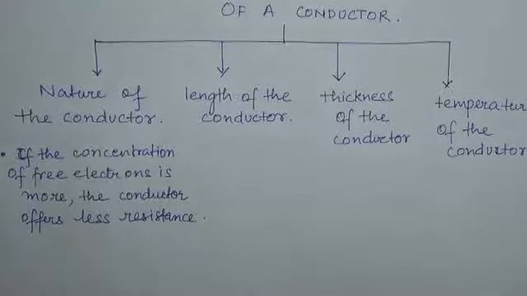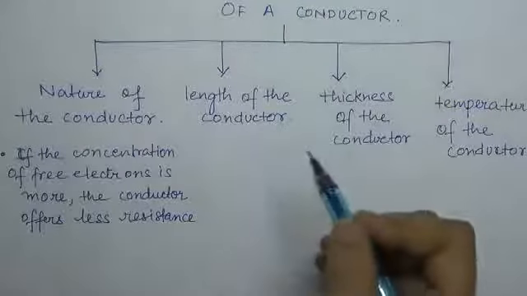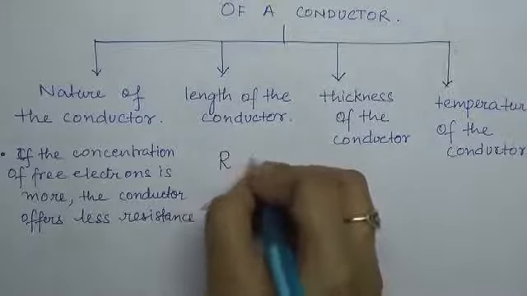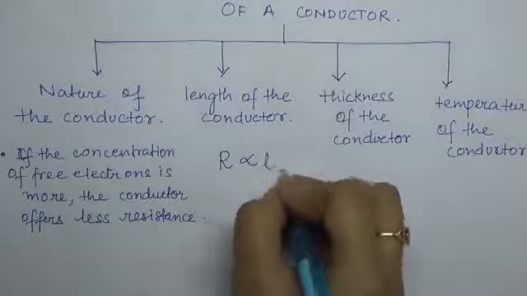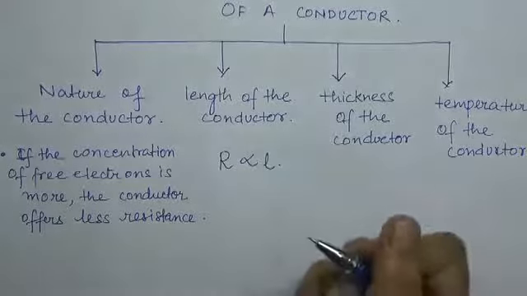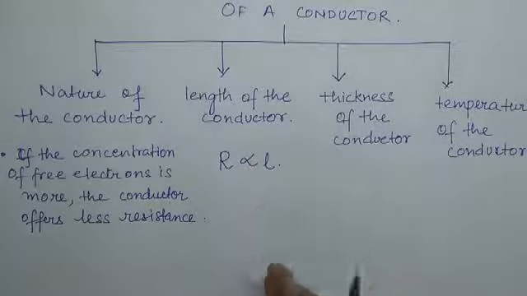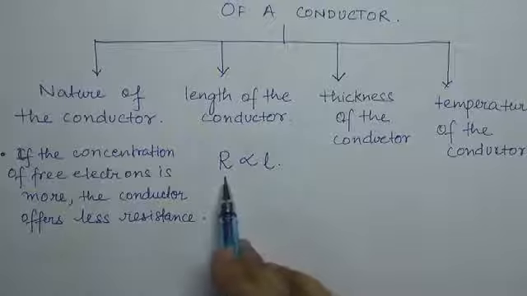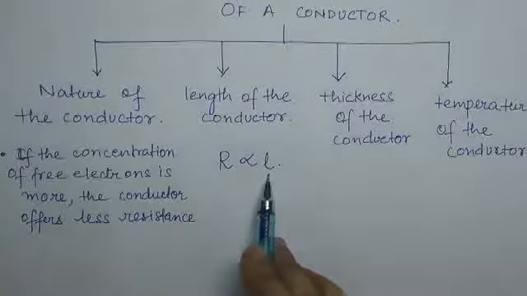Okay. Now coming to the length of the conductor. Always remember, resistance of a conductor is directly proportional to its length. That means if a conductor is of greater length, the resistance offered by the conductor will be more than that of the same conductor of shorter length.